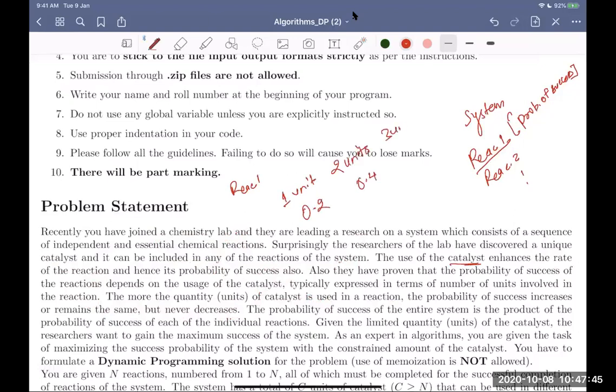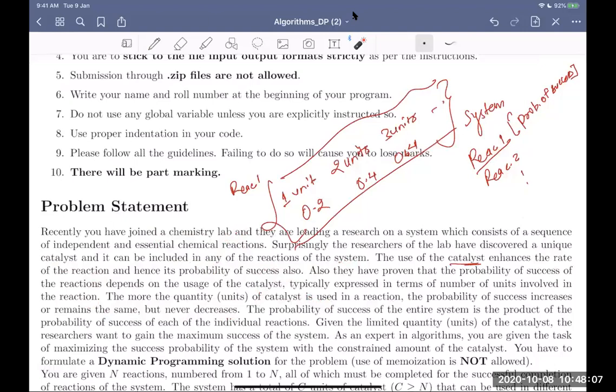And if I use 3 units, suppose it remains the same, but it never decreases and so on. So they have found that connection, that if I use multiple units, what will be the probability of success? And it is always non-decreasing. So this is the probability of success of each reaction. Okay, like that they can define it for all the reactions, reaction 2 and so on.